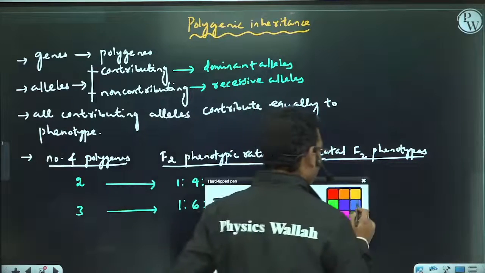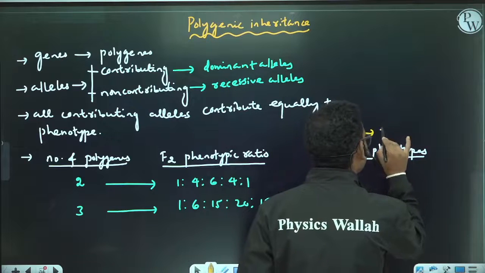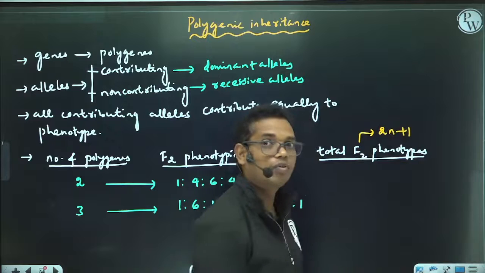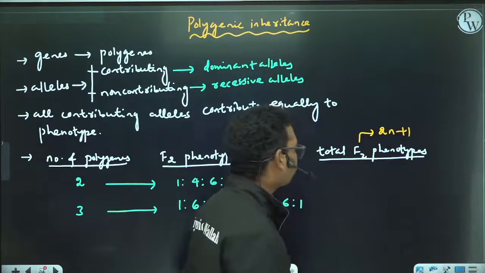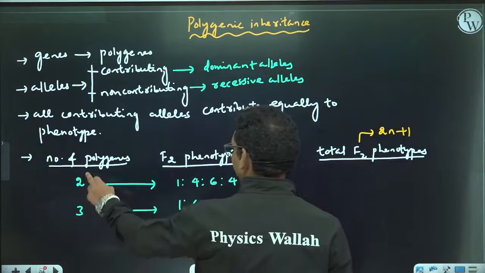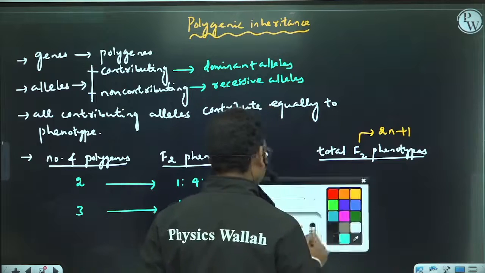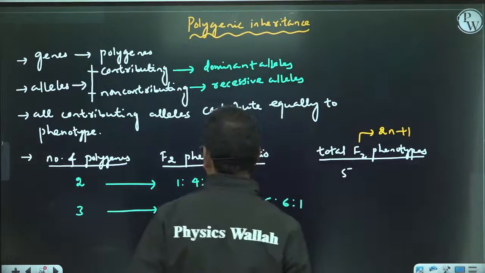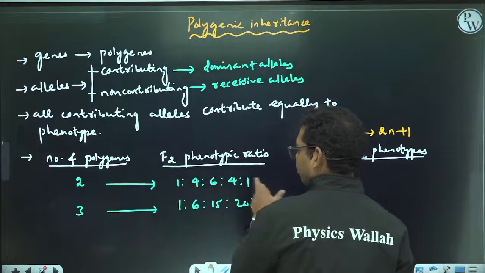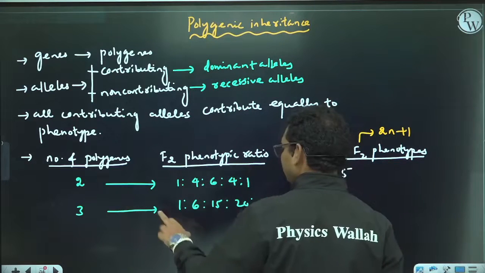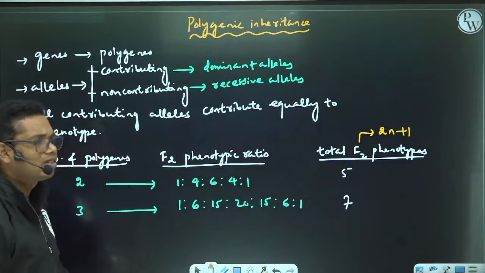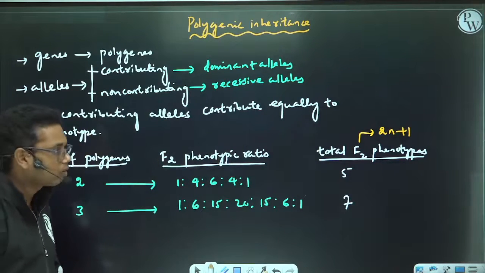I can use one formula here, and the formula is 2n plus 1, where n is the number of polygenes. Because I am having 2 polygenes, I will get 2n plus 1, that means 5 different types of phenotypes. And here I will get 7 different types of phenotypes. Clear?